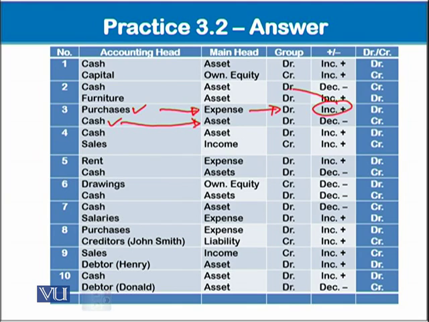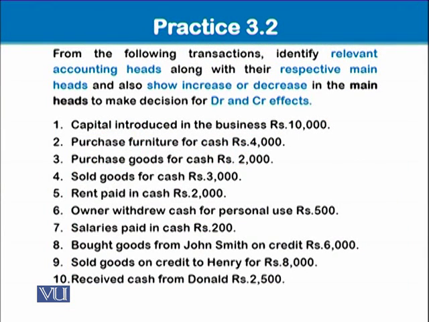Expenses are increasing, whereas we are making payment in cash, so asset is decreasing. So when expense debit group increases, analyze it as debit, and when asset debit group is decreasing, analyze this as credit.